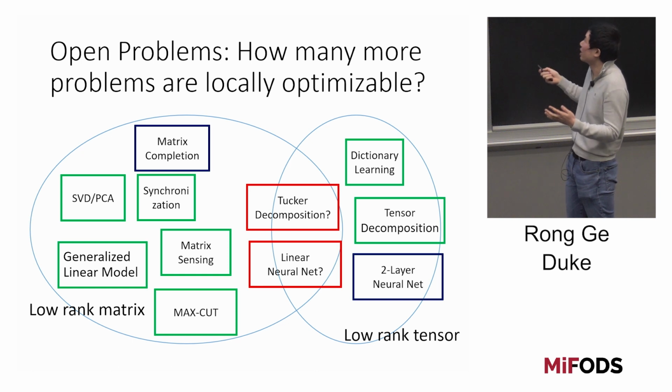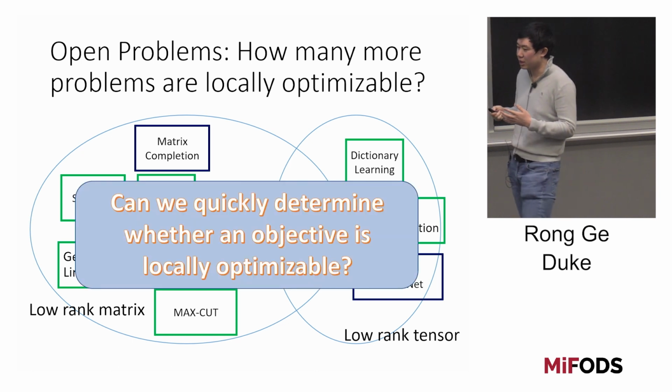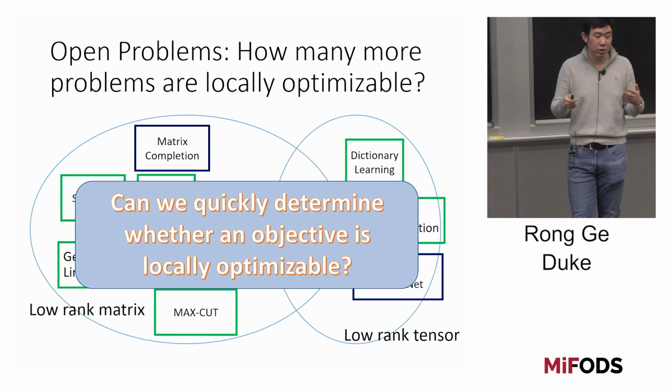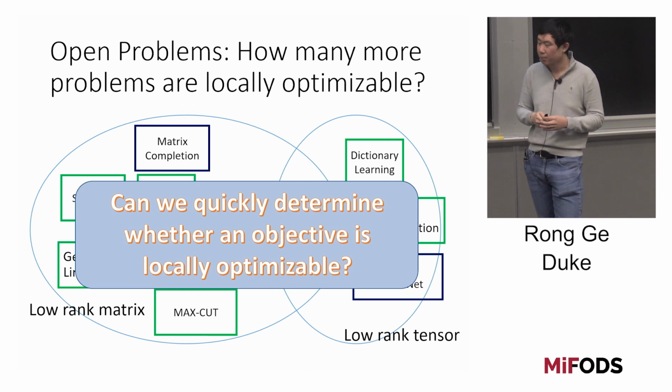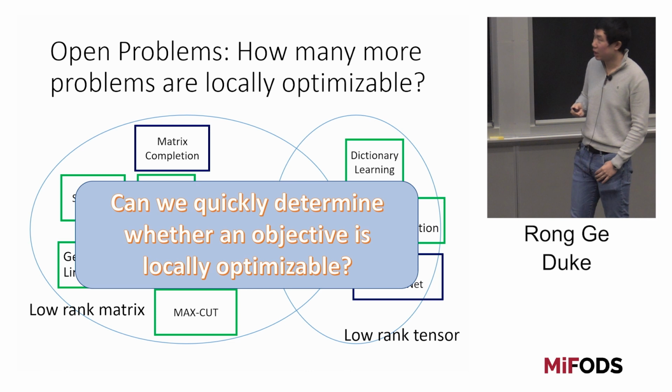But more importantly, the big open problem here is, given a new function that has some kind of symmetry, can we very quickly determine whether this new function is locally optimizable or not. And we don't have a common framework for doing that.